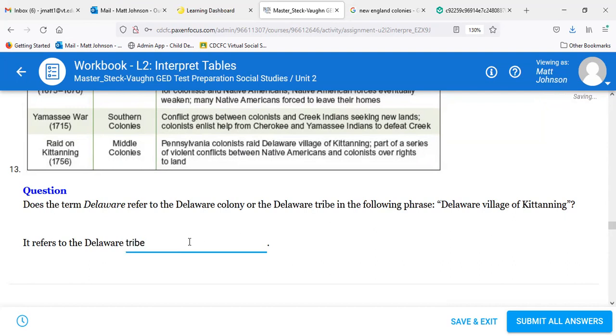So we're talking about Pennsylvania colonists, which signals that we're still in Pennsylvania when we're talking about raids, and it's the Delaware tribe. It's a Delaware tribal village of Kittanning that's being attacked. That was a little bit tricky, but 13 is tribe.